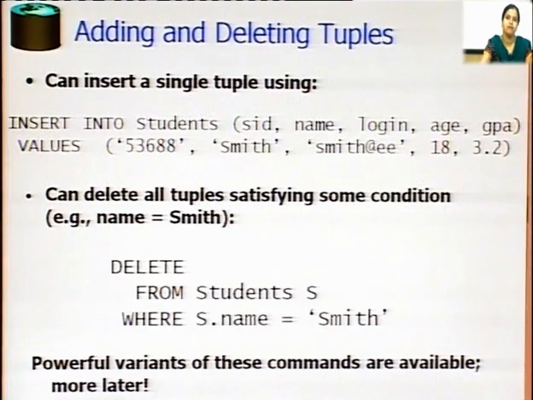Here you can see, by inserting some values: insert into students (SID, name, login, age, GPA), these 5 attributes, and their corresponding values. Student ID is 53688, name is Smith, login is Smith@EE, age is 18, GPA is 3.2.